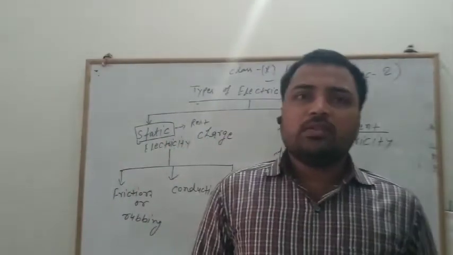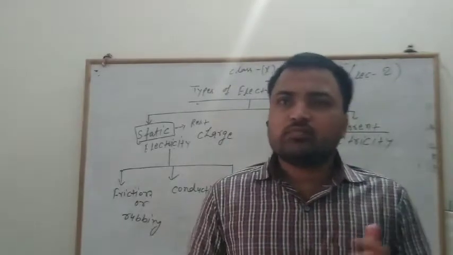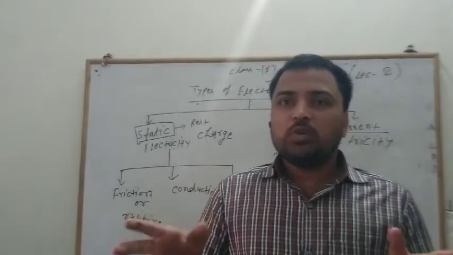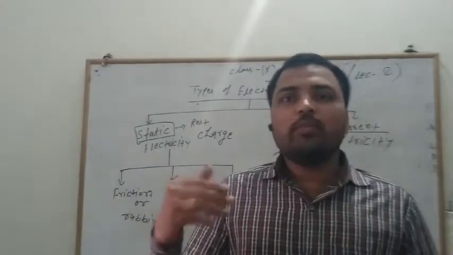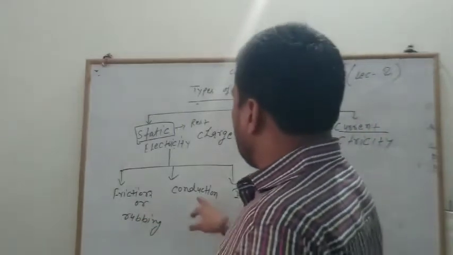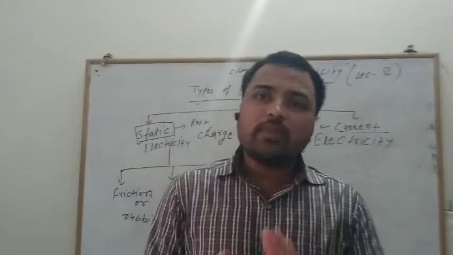So we see in the examples that when we rub the woolen cloth with the ebonite rod, both bodies get charged due to imbalance of electrons or imbalance of charge. But in the case of conduction and induction, there is no rubbing part.